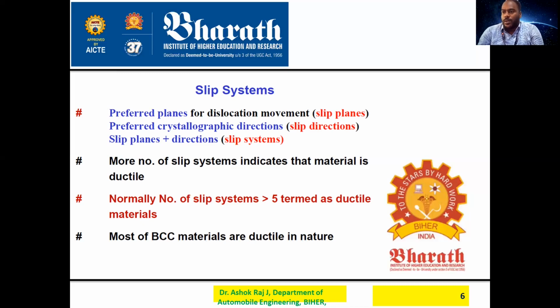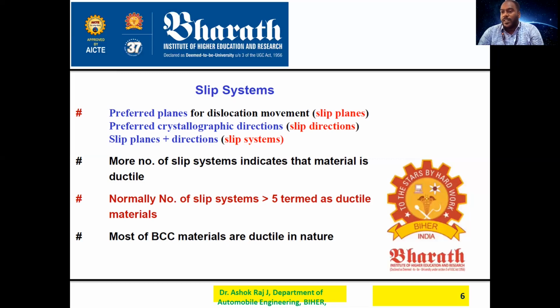I already told you that materials like FCC, BCC, and HCP have different slip systems. If any material should undergo plastic deformation, that material should have a minimum of 5 slip systems.